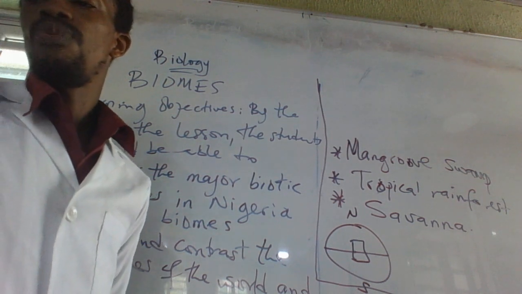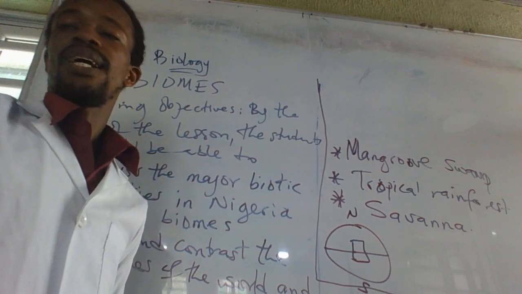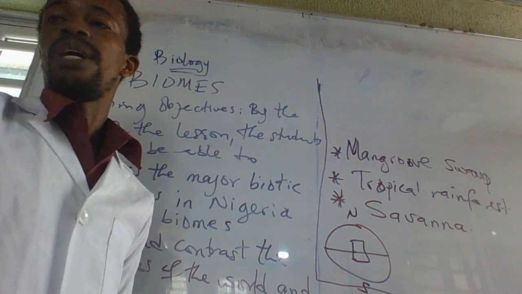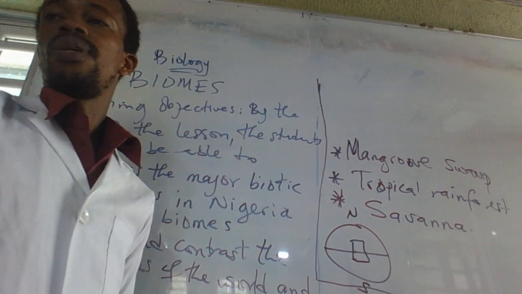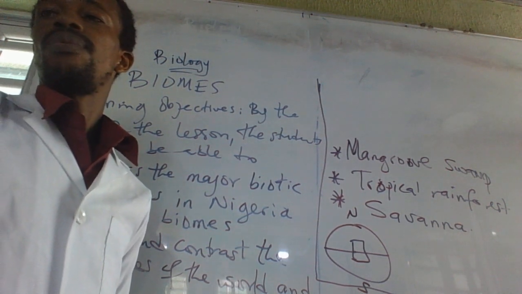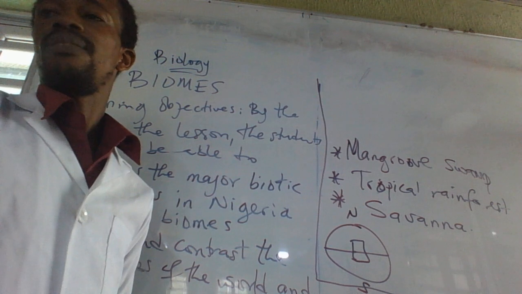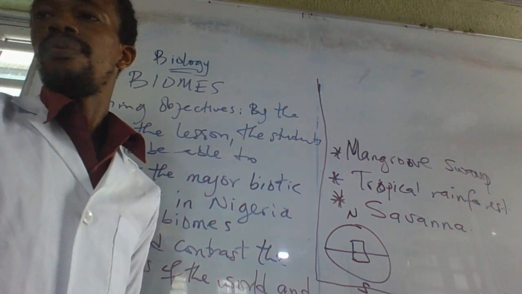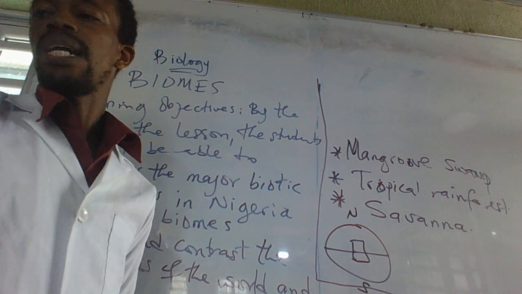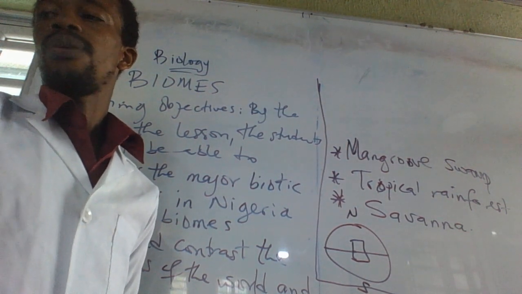I'd like to move in here to show the diagrams so that you can see what we have concerning these biomes. The diagram of the local biomes in Nigeria. This diagram explains more.